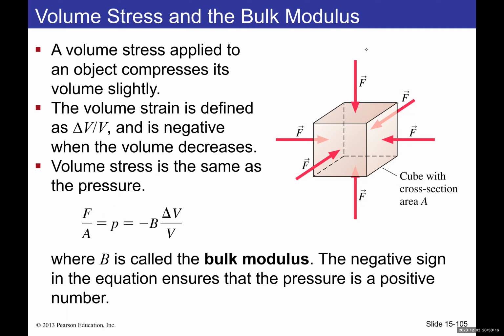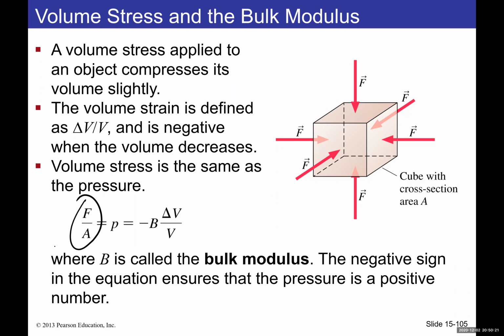So F over A, the stress acting on the object, which is basically the pressure, is proportional to the change in volume over the volume, and the proportionality constant is the bulk modulus. That means F over A equals negative B times delta V over V. It's negative because generally the object compresses when forces are applied. B is known as the bulk modulus, and the negative sign ensures that pressure is a positive number.